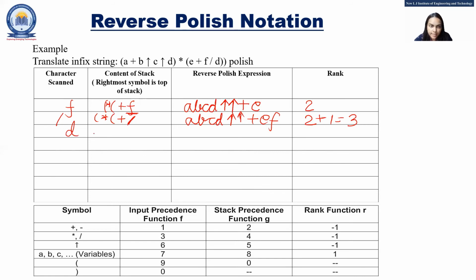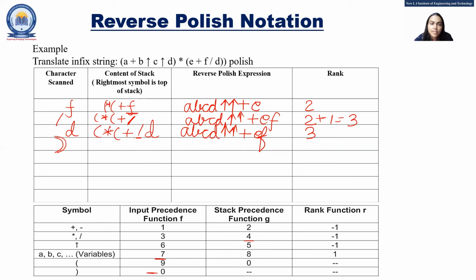Last one is D. So this is the bracket, plus, slash, and D would be pushed because the stack precedence of slash is 4, but incoming precedence is 7, so it is greater. So A, B, C, D, and this would be staying the same. So that is 3. Now, closing bracket. This closing bracket, students, if you see, has input precedence 0.